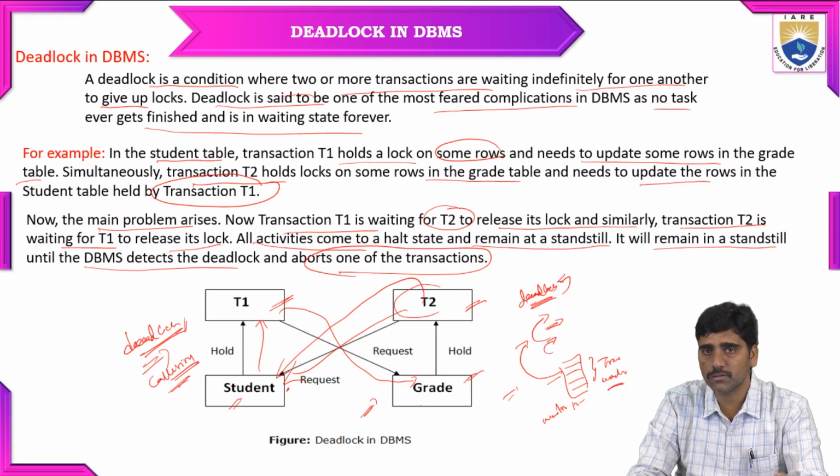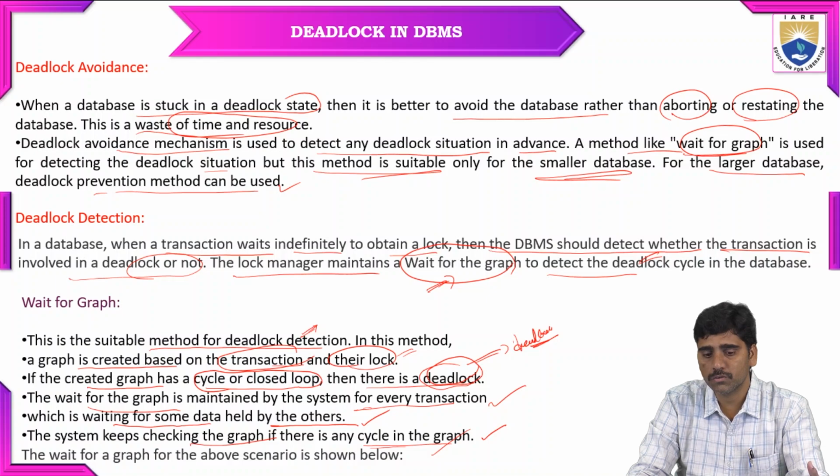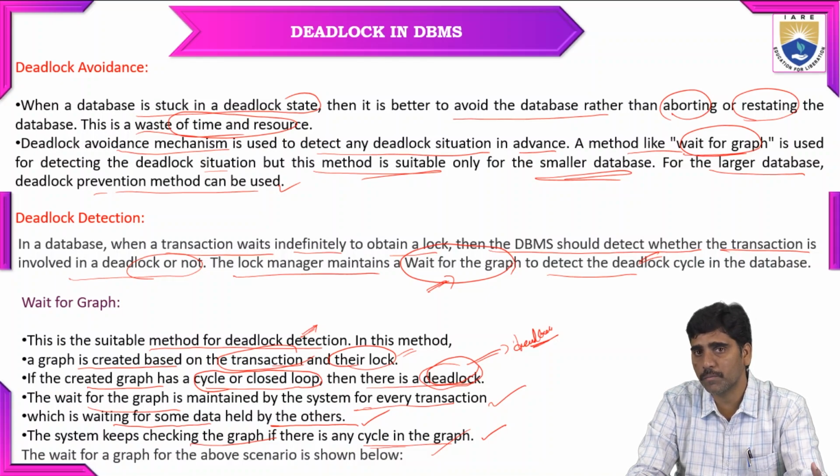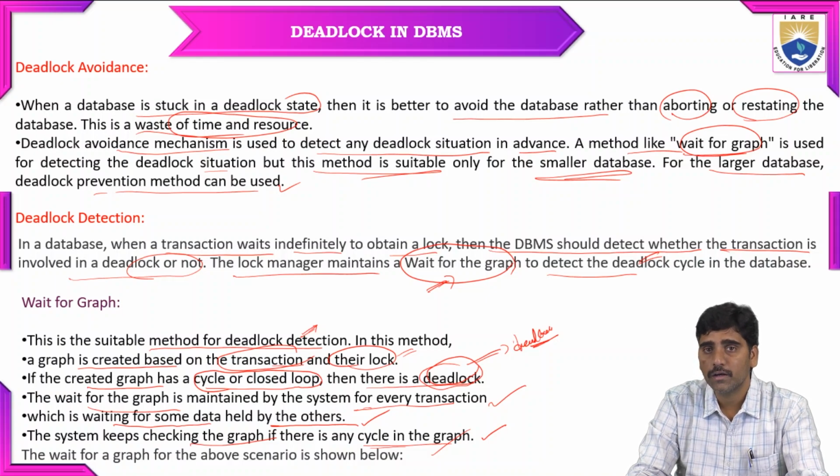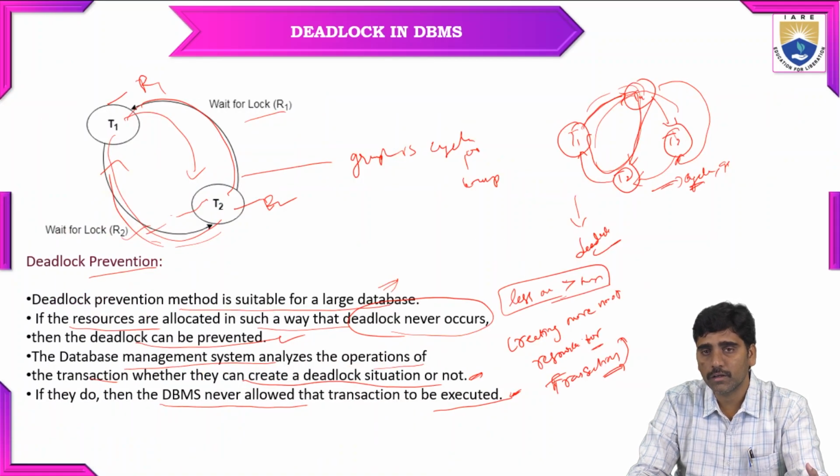At this state, the deadlock situation occurs. We can detect the deadlock when the situation occurs, and we can prevent it using some methods. For detection we have a method called the wait-for graph, and for deadlock prevention we have different types of prevention techniques.